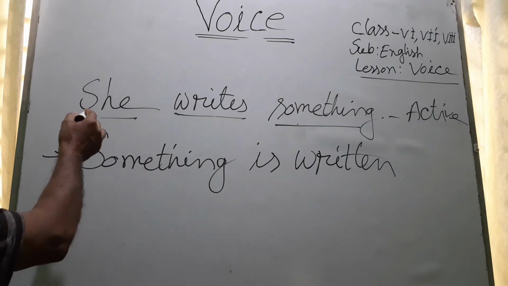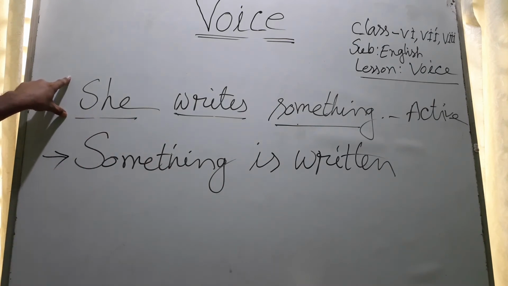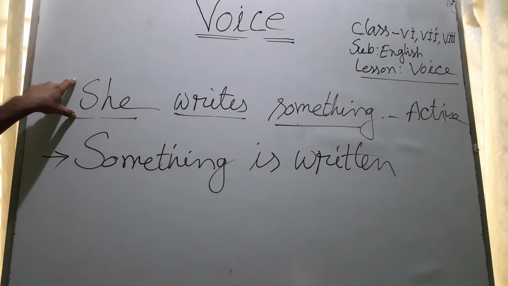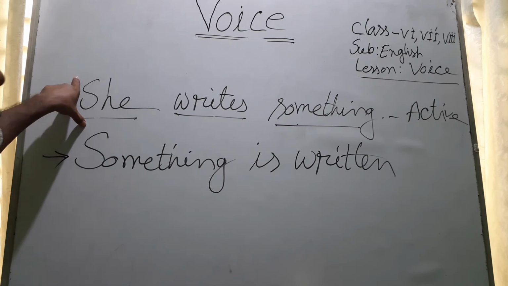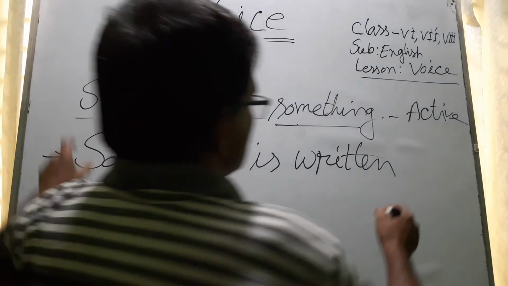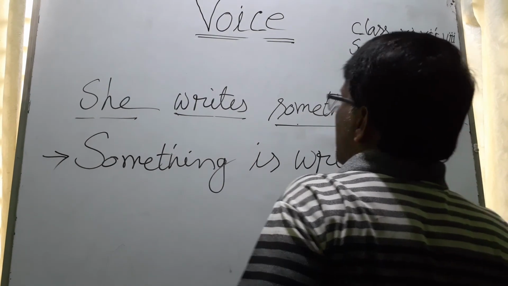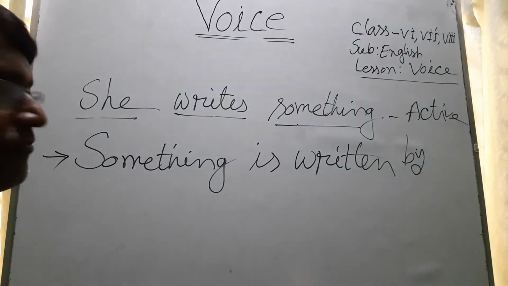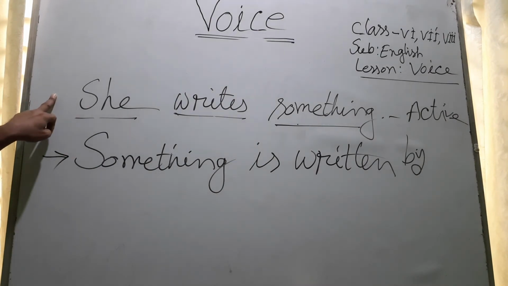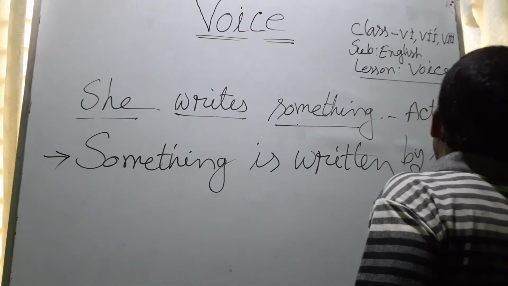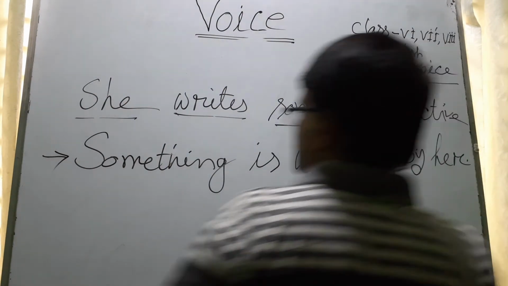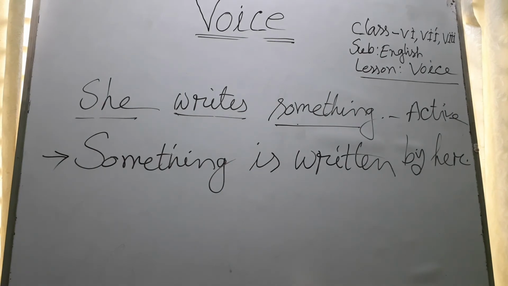We have seen the subject is a person, and before person we shall write by, and rule number 5 was the objective form of the subject. Okay. Something is written by her.